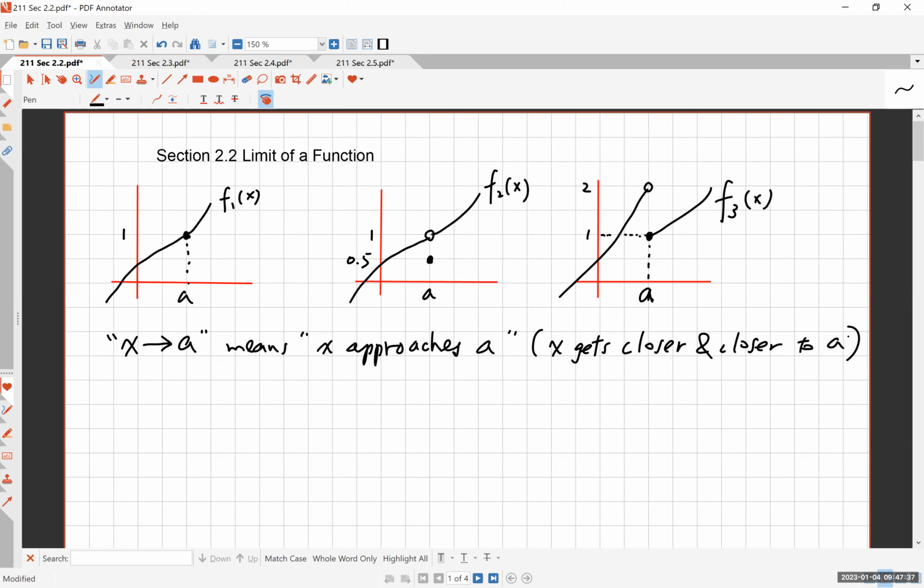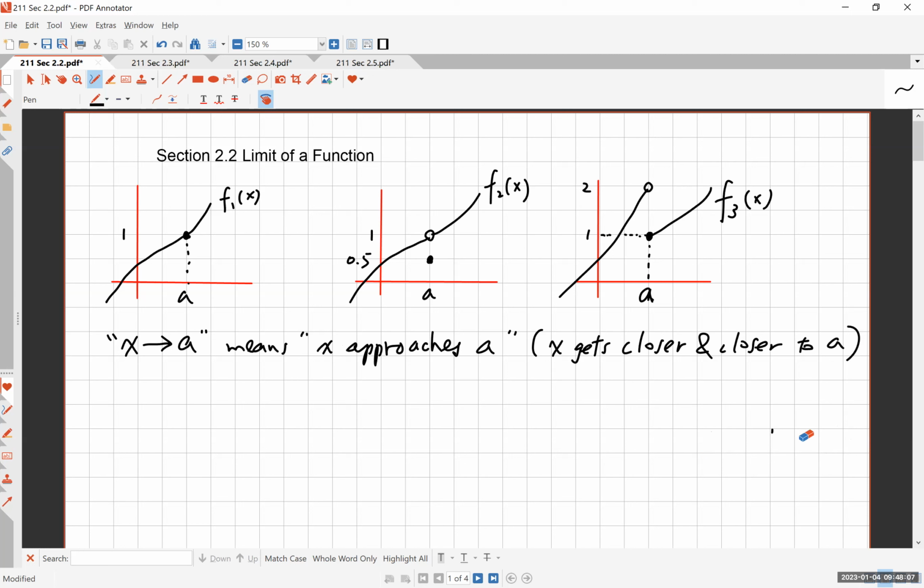Approaching a doesn't mean that at some point it stays 2 yards away from a. When I say x approaches a, I mean the distance between x and a gets closer and closer to 0. That's what I mean by approaching a.